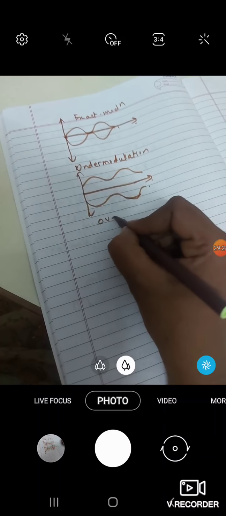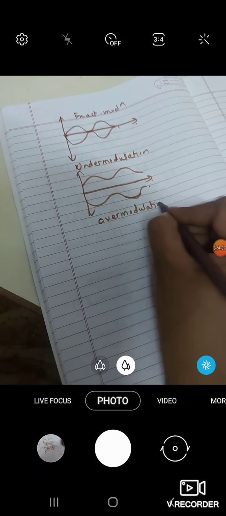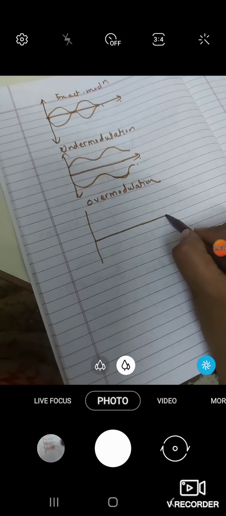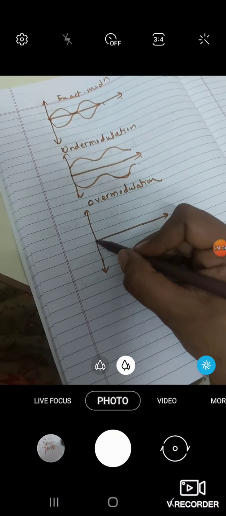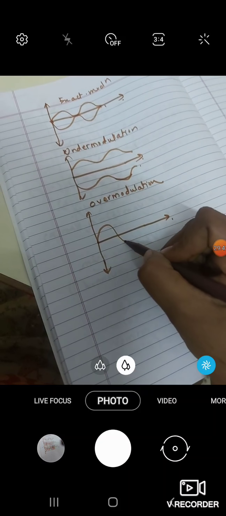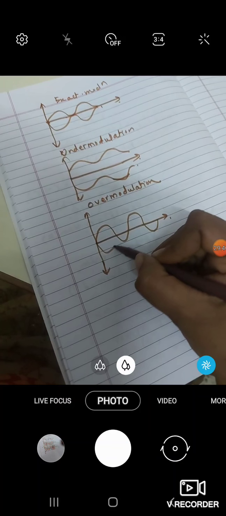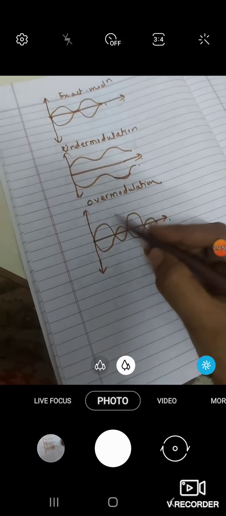And if we see the diagram for over modulation, it is like this. Some overlap is taking place between the positive signal and the negative signal.